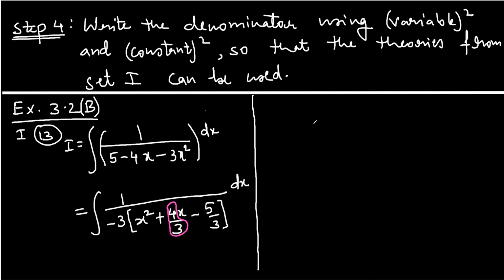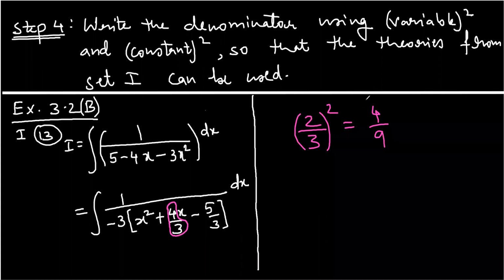Half of 4 upon 3 is 2 upon 3, and the square of this is 4 upon 9. So the last term is 4 upon 9.